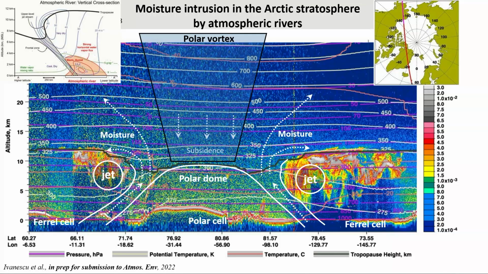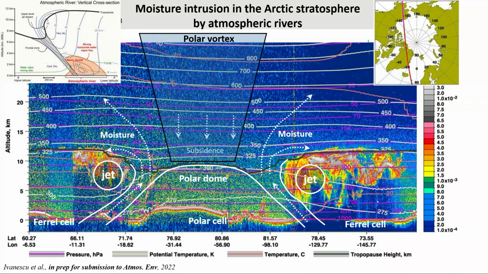So I'm nearly done. I want to talk about Liviu Ivanescu's work. This is a Calipso profile, basically over Eureka. The red line in the map in the top right is the orbit of Calipso. What it shows, first of all, is the backscatter intensity, all those colors.